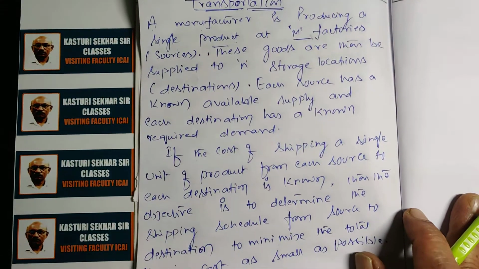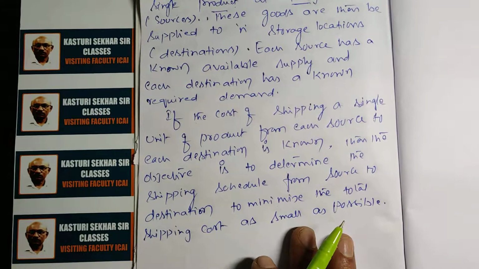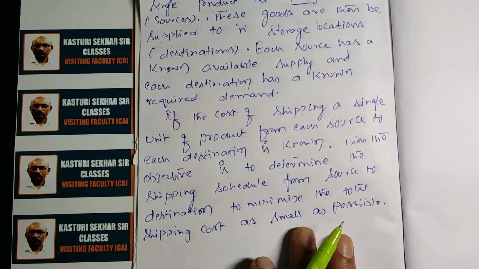In addition to this, one more point is given. The cost of shipping a single unit of product from each source to each destination is known, that is, per unit cost is given.